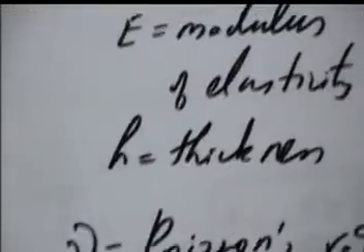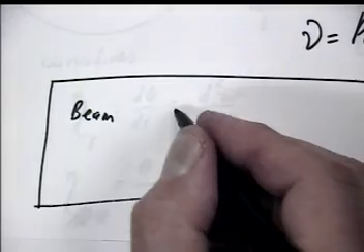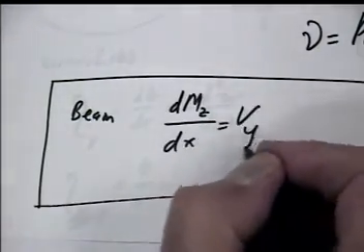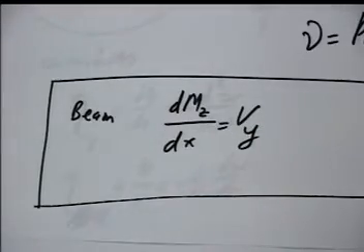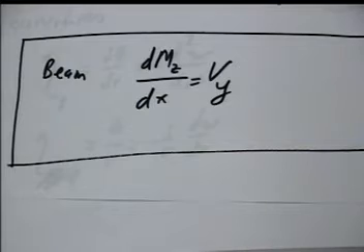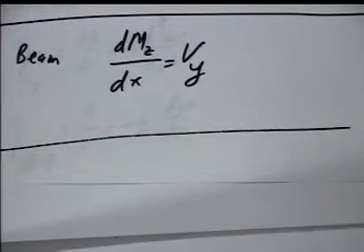Now we write equilibrium equations. Like in the beam, dMz/dx equals Vy. So that is one equilibrium for the beam. For the plate, it turns out there is a much more complex expression.